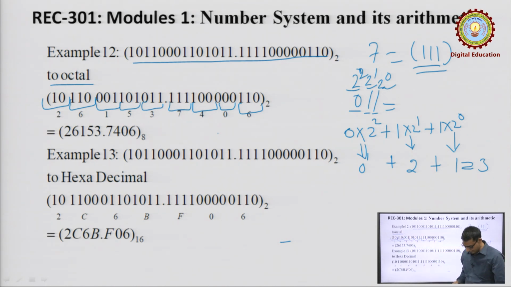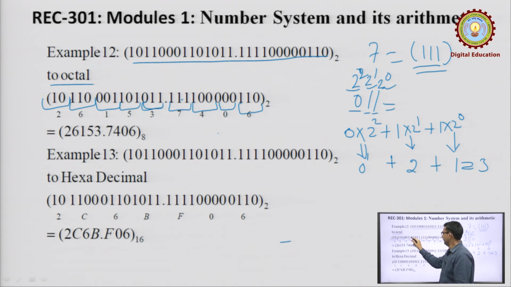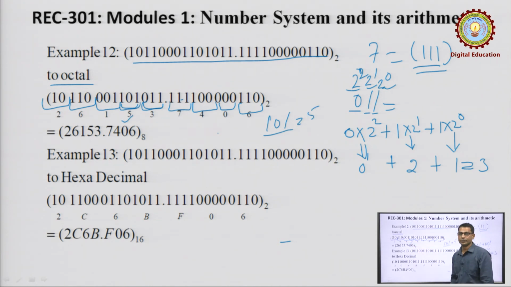So, it is very simple to memorize the 3-bit numbers and what their equivalents will be, and we can directly write down the value of these groups, okay. So, 1 0 1 is equal to 5. That is why we have written down the 5 here, okay. Now, the next one is 0 0 1.